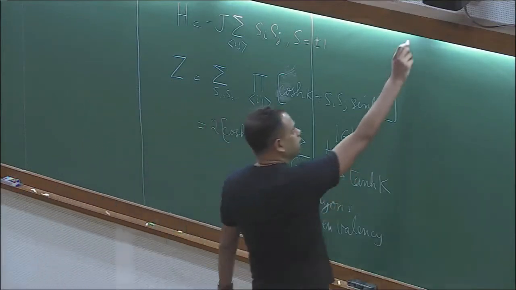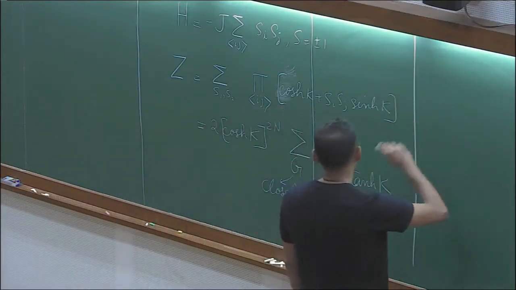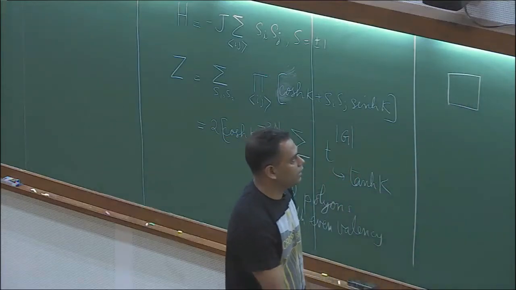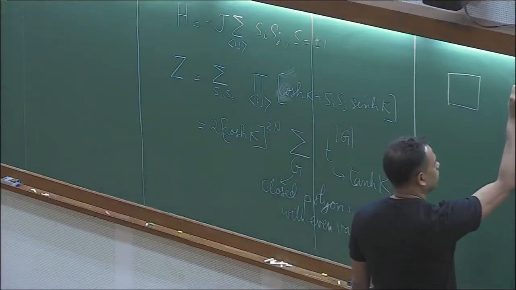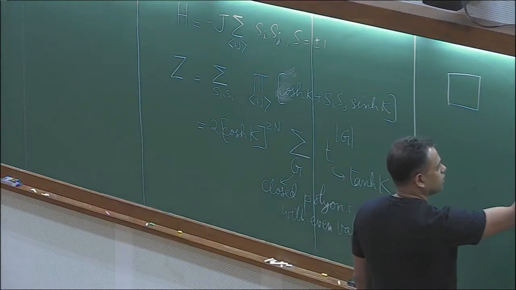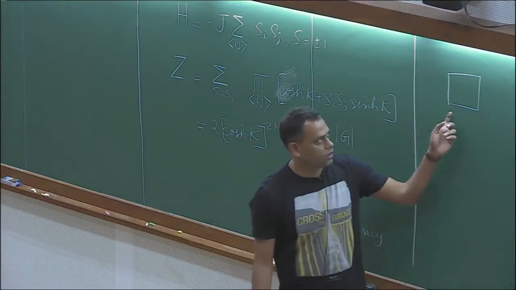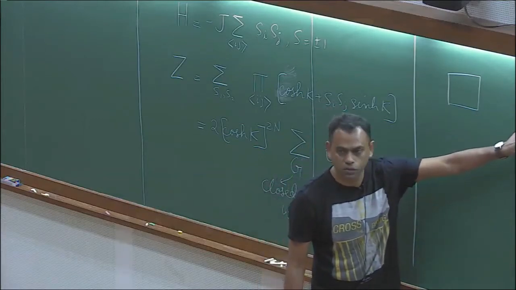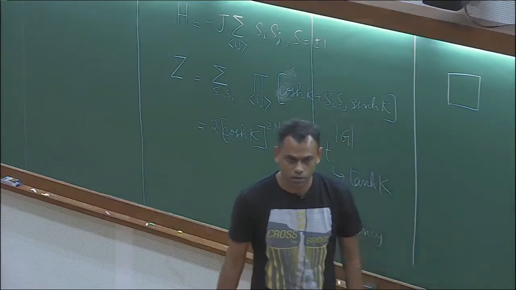So let's look at some particular graphs, some examples. This was the simplest graph we had. Then one could have more complicated graphs of the kind, this one with all vertices having valency 2. This one has a valency 4, 4 bonds go out.